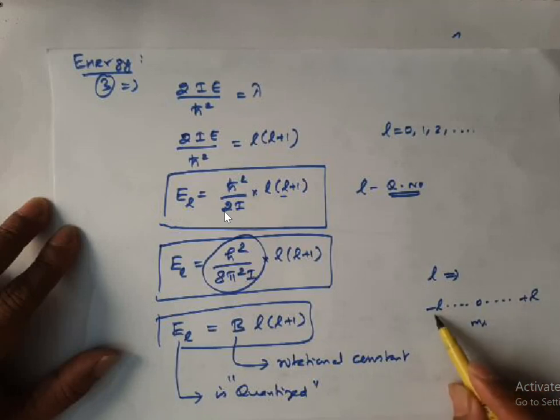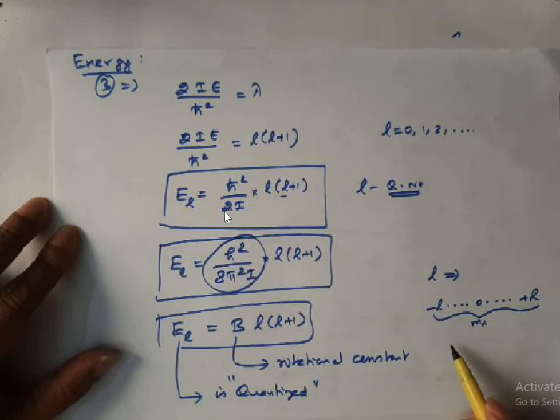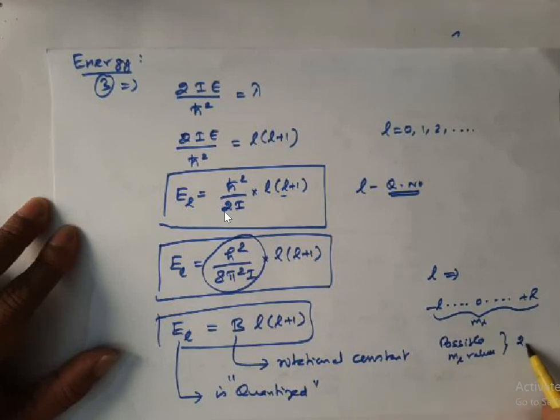And remember, for a given value of L, ML can take values from minus L, 0 to plus L. These are the possible values of ML. So how many ML values are possible? Minus L to plus L is nothing but 2L plus 1.